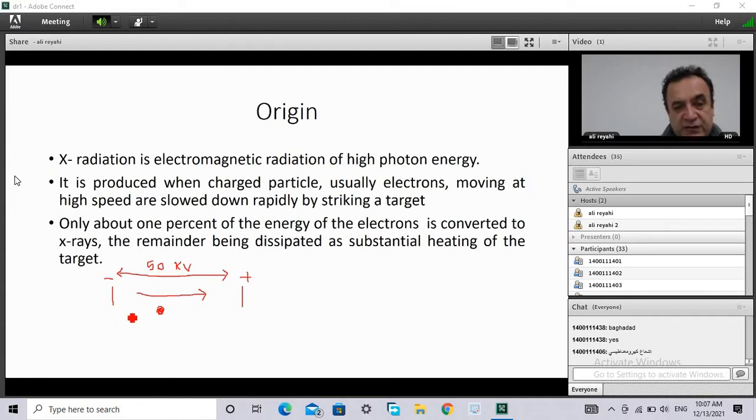So the electron will be repelled from the negative electrode and attracted to the opposite, positive electrode.